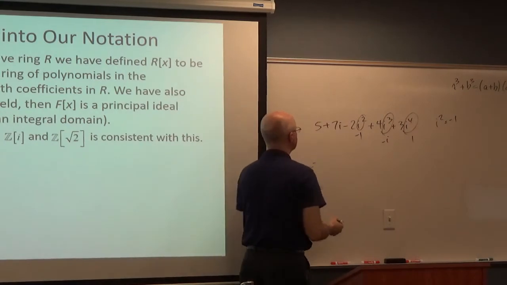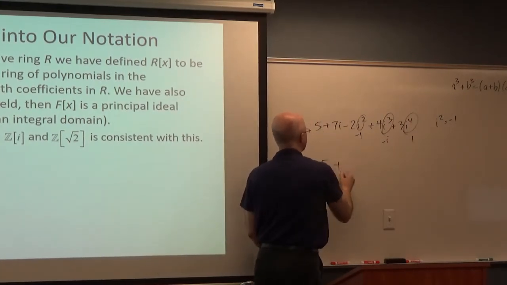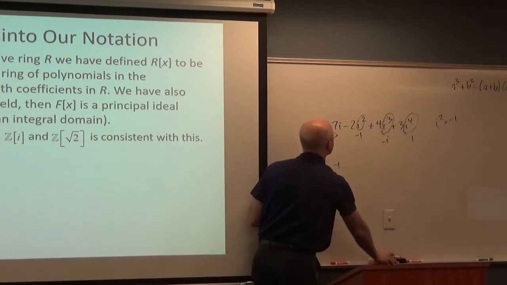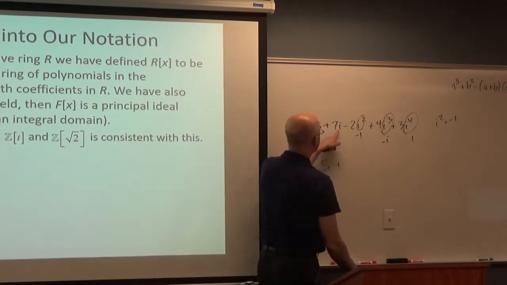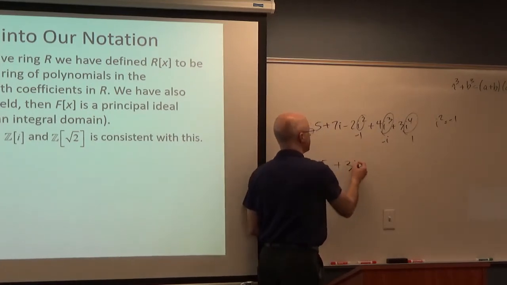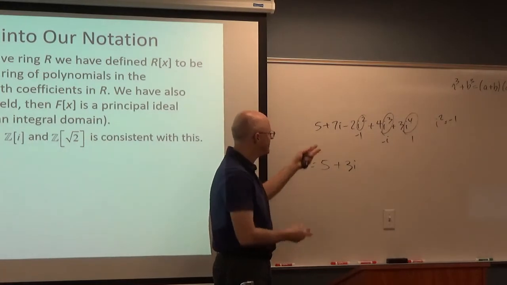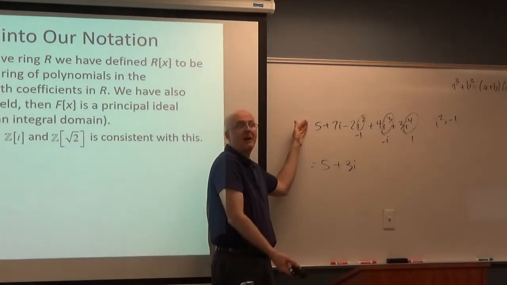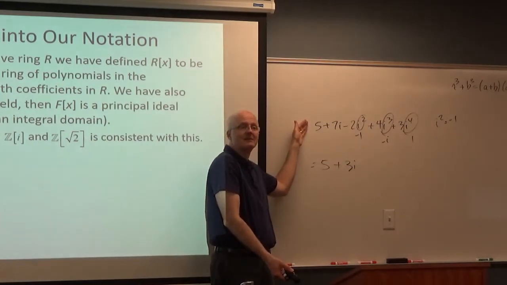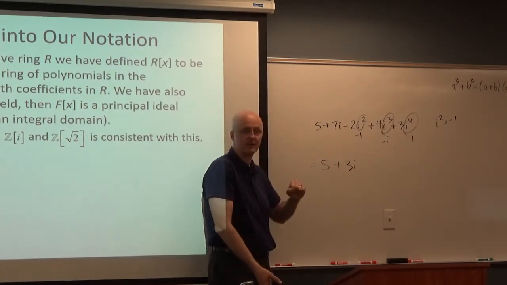The real part is going to be 5 minus 1 plus 1, which is 5. The imaginary part: we've got a 7i there and a minus 4i there, so we get a plus 3i in the end. But initially we thought of it as a higher degree polynomial in i. It can be simplified based on the fact that i squared is negative 1.